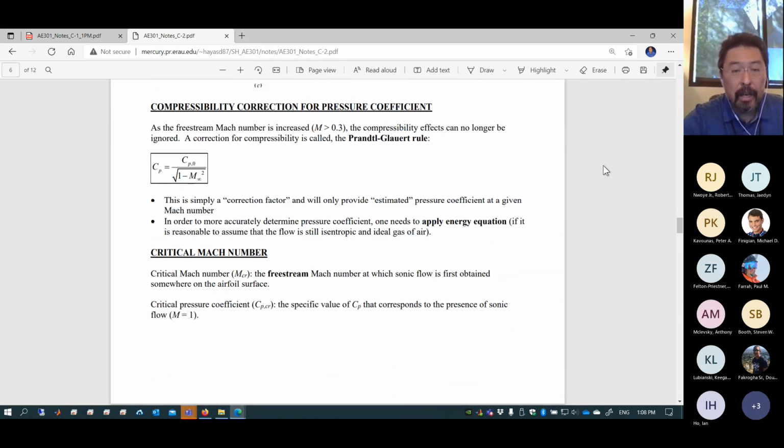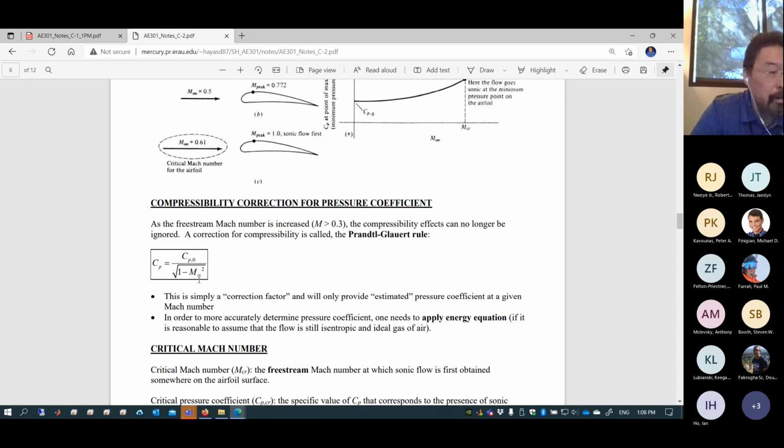But here, the Prandtl-Glauert correction, for more than 0.3 Mach number, you are going to consider the changing density. This is the equation to correct the CP value. If you turn on the check mark in xFlyer 5 for using more than 0.3 Mach number, you are going to automatically turn on this Prandtl-Glauert correction equation. This is something added on.